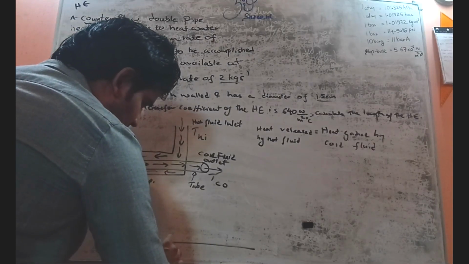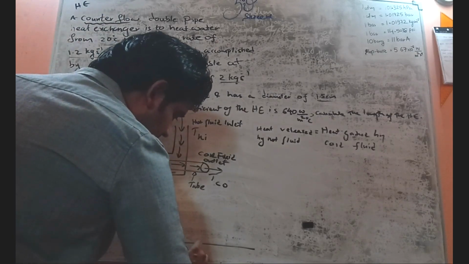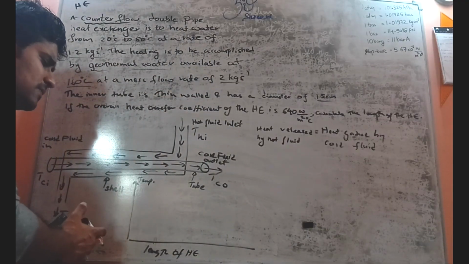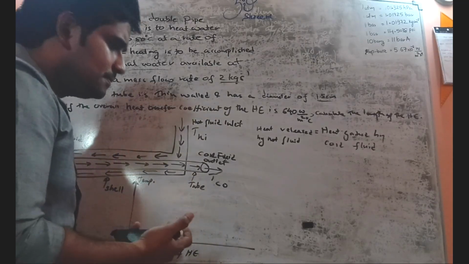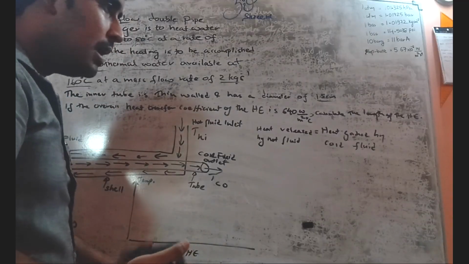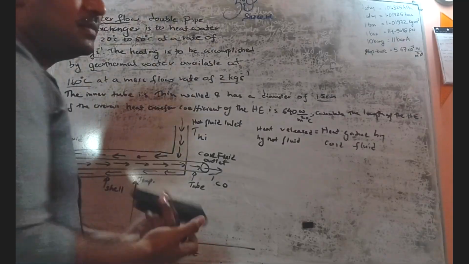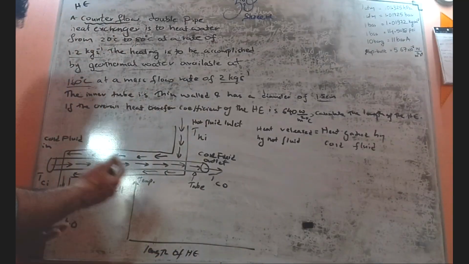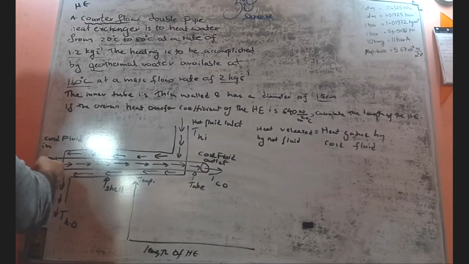We can call it the length of the heat exchanger, from the respective inlets. Simply, we want to sketch how the temperature varies with respect to the length of the heat exchanger.